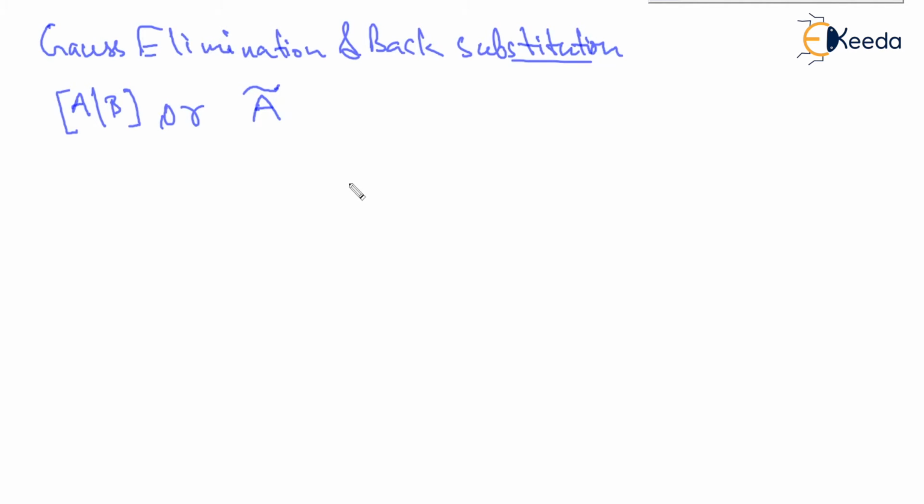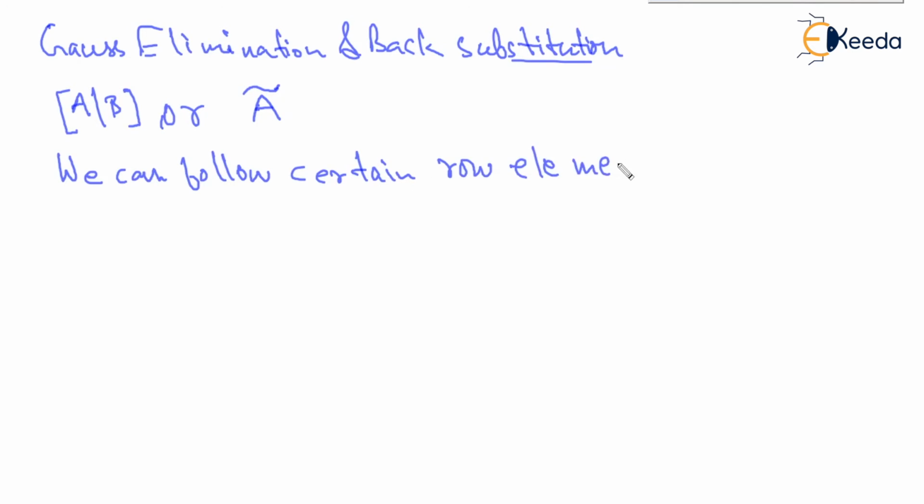Like we can start with xn, then xn minus 1 and so on, and we can find all the values, right? So we have to make this A augmented B into triangular form, and for this we can follow certain row elementary operations.